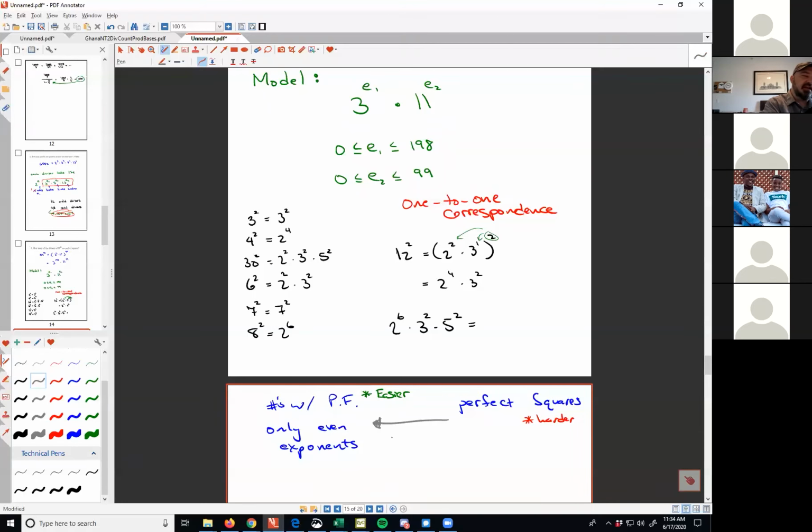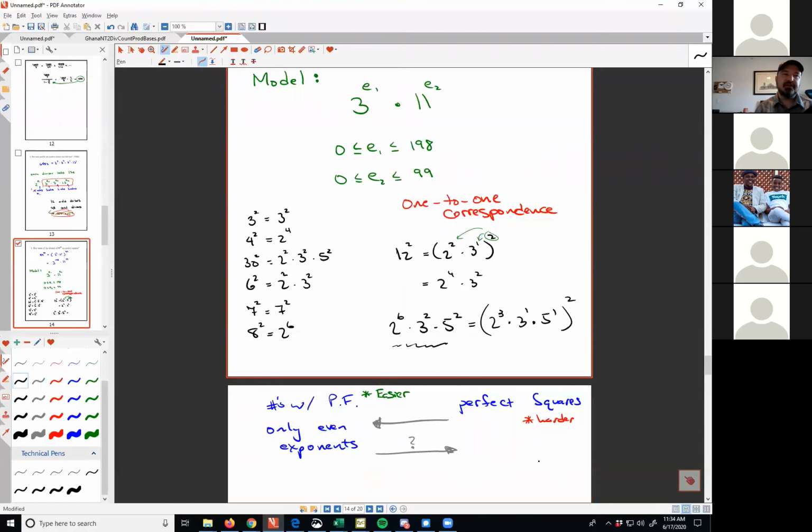Now, what I'm asking is, is every number in the left-hand list in the right-hand list? And this one right here, I can rewrite it as 3 squared times 3 to the first times 5 to the first squared. That's 120 squared.